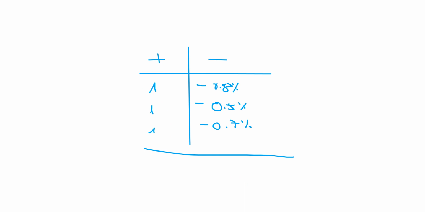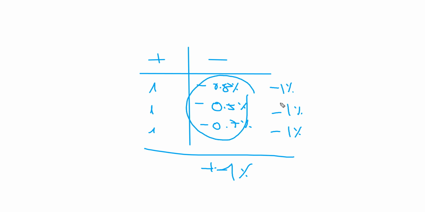Let me just make the math here. So we saved 1%, right? Excuse me if I make a mistake. So instead of minus 1%, we got out earlier, and at the end of the day, we saved 1%. Okay, plus 1%, just by cutting earlier.